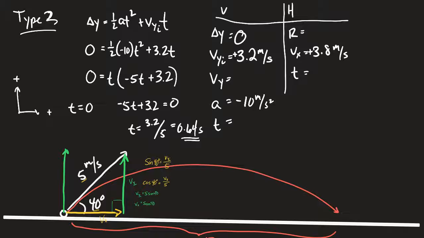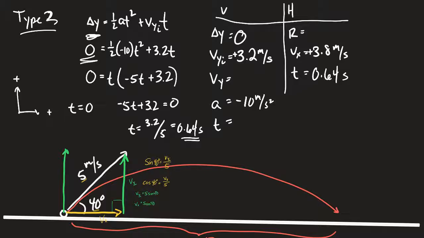Actually, they both are. Remember, we asked math to tell us when the object was on the ground. When was it on the ground? At 0 and 0.64. It started on the ground, it ended on the ground. Math gives you back what you tell it, and we told it to tell us when the displacement was 0. That's why we have both answers. But I think we're only considering where it lands.